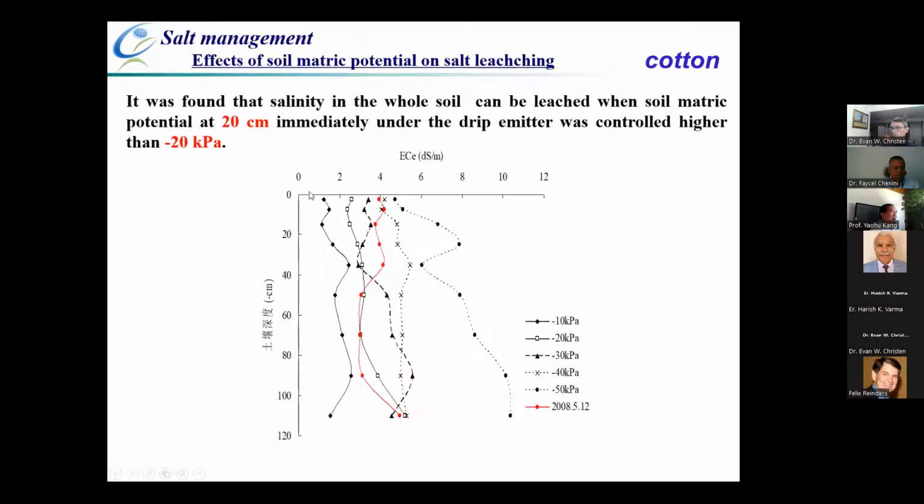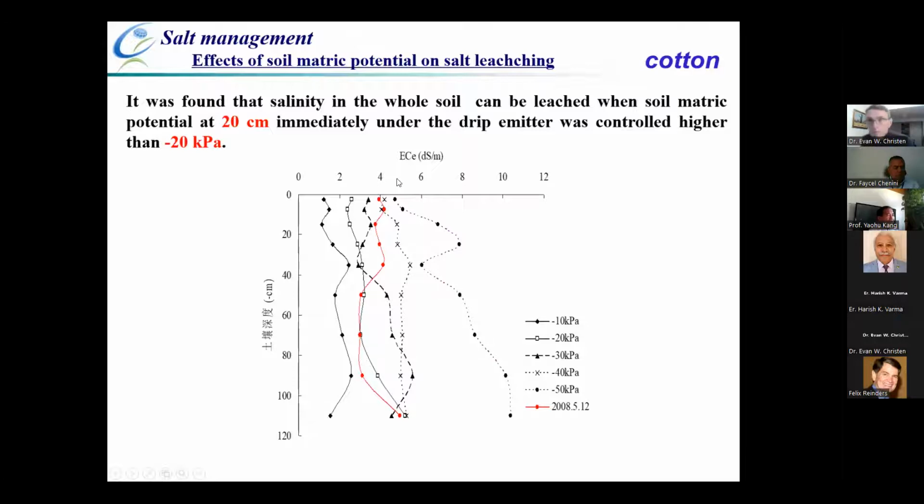And we found that when the soil matric potential at 20 centimeter depth is minus 20 kPa, the salt can be leached. So this is soil salt content. We measure it as ECe.